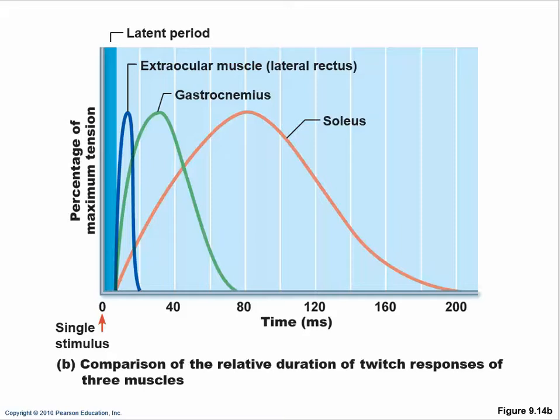Every muscle is made up of fast twitch fibers, medium twitch, and slow twitch fibers. Which one predominates depends on what we're expecting of the muscle. So the soleus has mostly slow twitch fibers, but there are some fast twitch and average twitch fibers as well. It's just which one predominates.